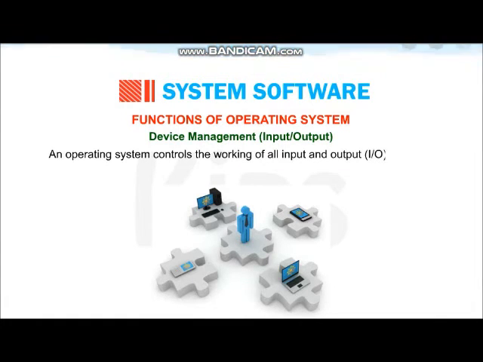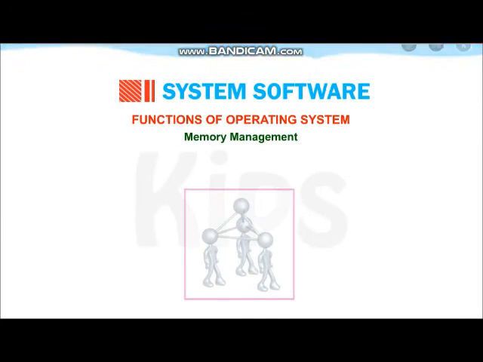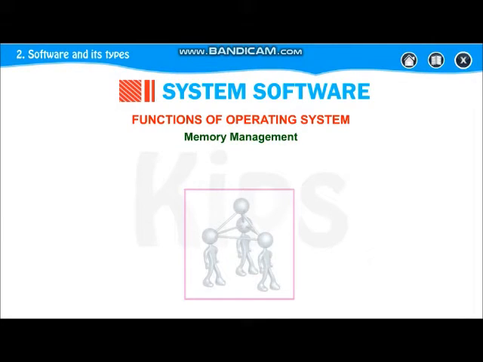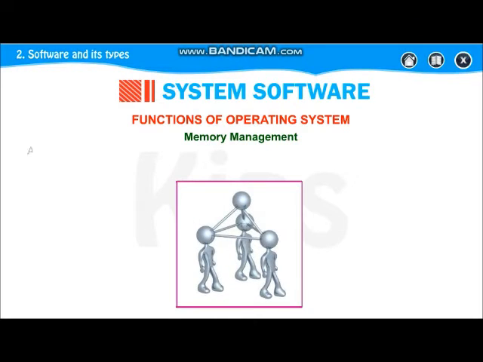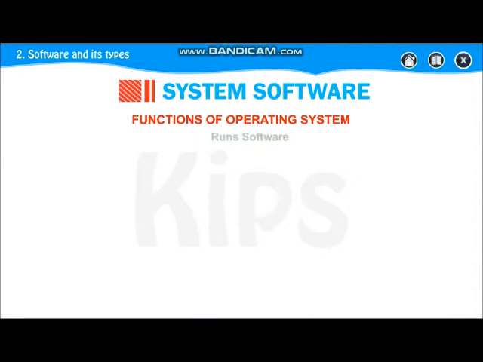Then your memory management, where to store the data, how to retrieve the data, that comes under managing memory. Run software, like you are going to run MS Word, you are going to run MS PowerPoint. So how is it possible? Because of operating system.